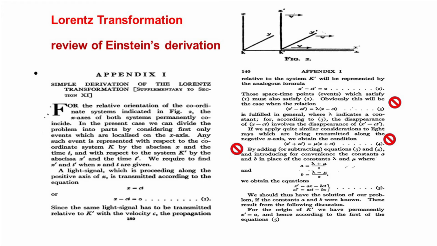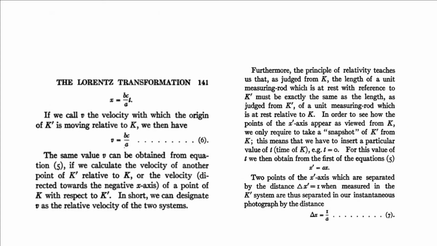For the origin of k prime we have permanently x prime equals 0, and hence according to the first of the equations 5, x equals b times c over a times t. If we call v the velocity with which the origin of k prime is moving relative to k, we then have v equals b times c over a.